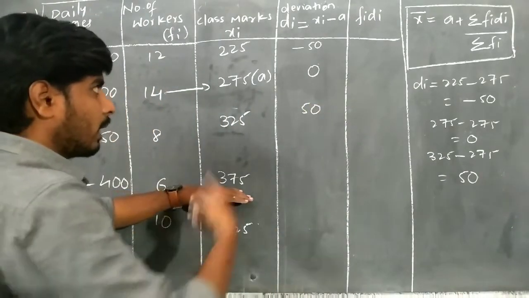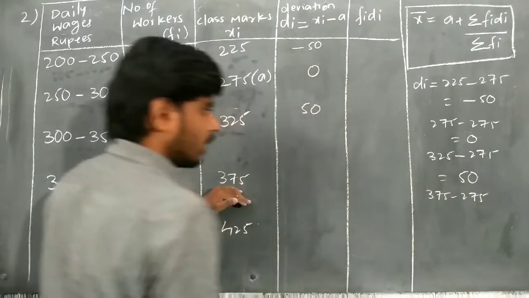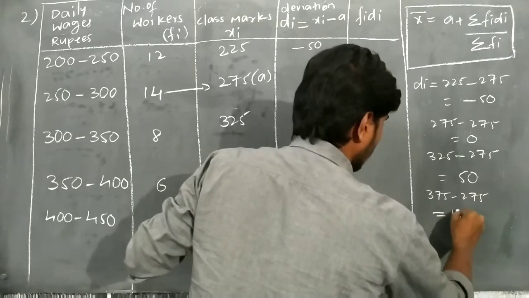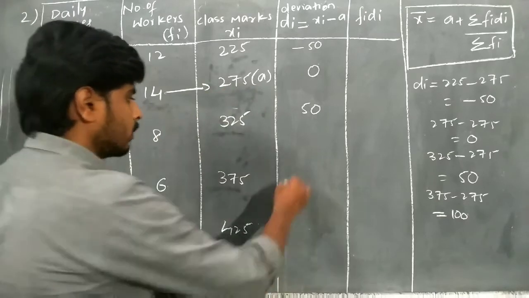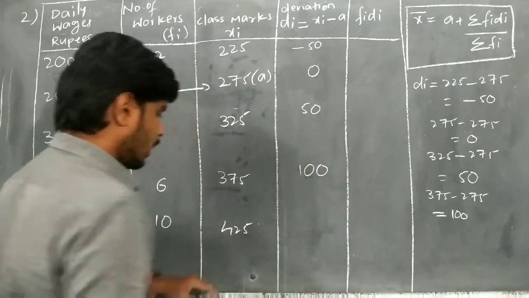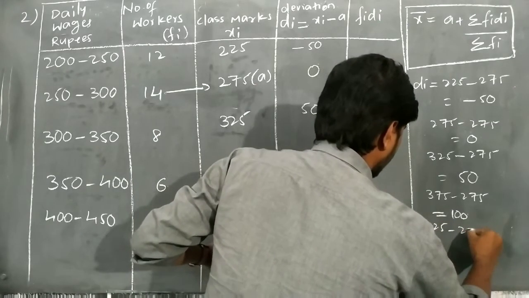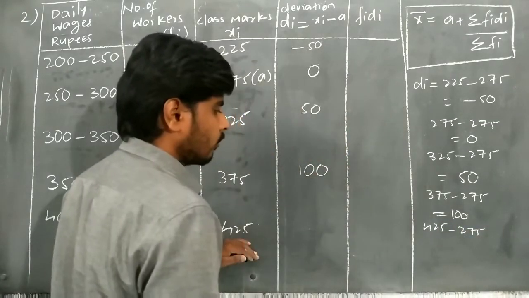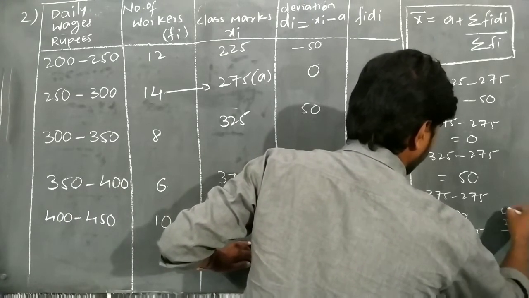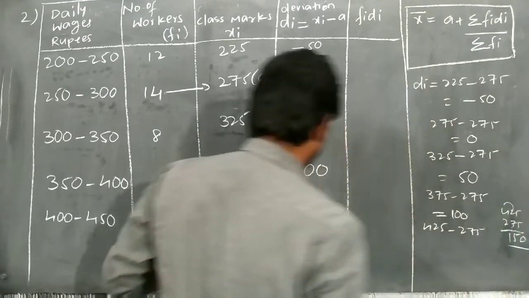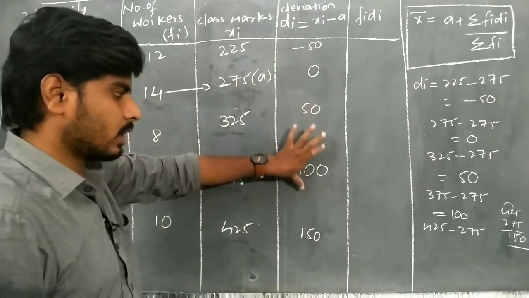Next, 375 minus 275, it becomes 100. Next, 425 minus 275, how much is it? So 425 minus 275, it is 150. Yes, it is 150. Okay, right. These are the deviations we got.